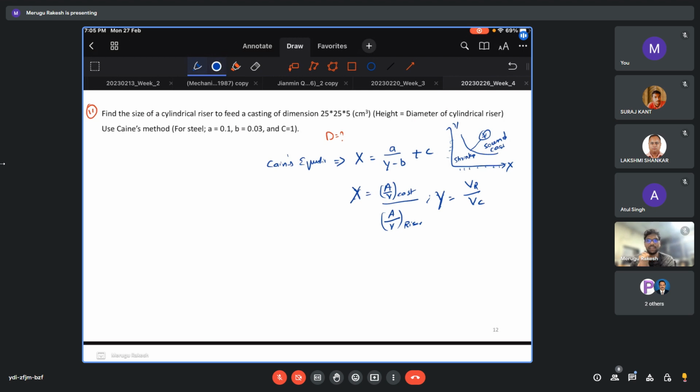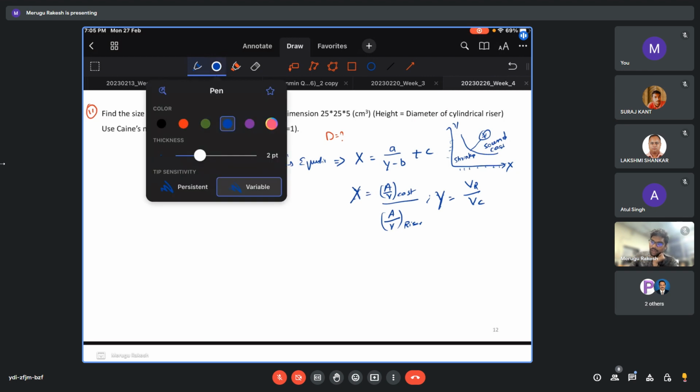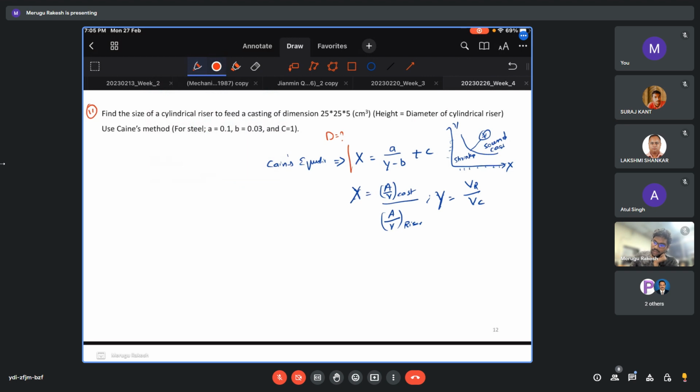So how much is D? Does anyone have the answer? This is the formula you need to remember regarding Caine's: X is equal to a over (Y minus b) plus c, and also these X and Y coefficients. This Y and this X will change for the NRL method. That's it, the rest will be the same. So the Y will change for the NRL method.